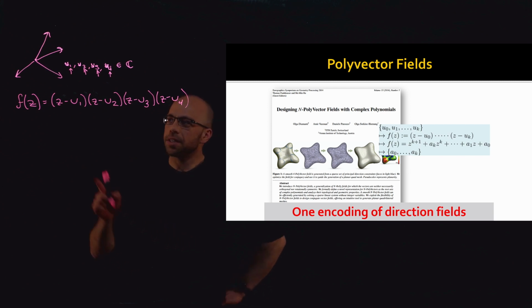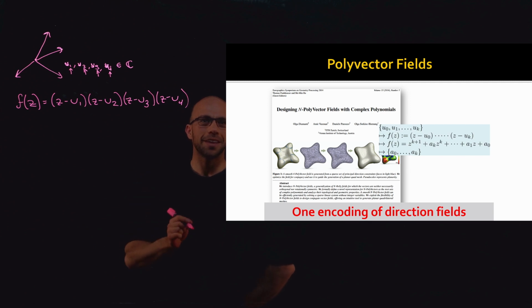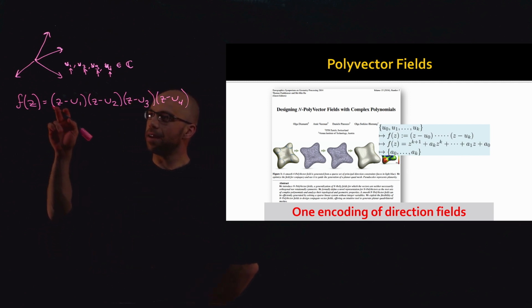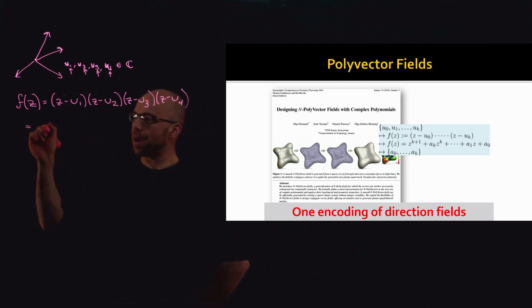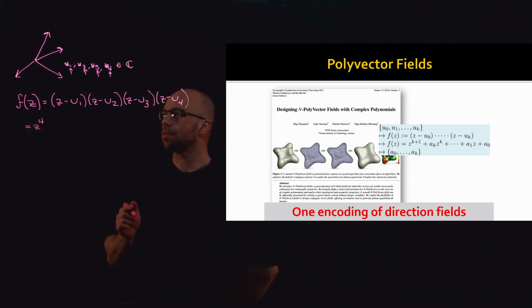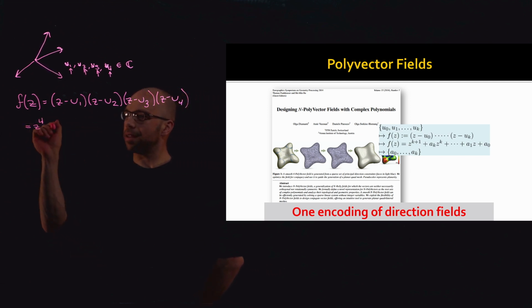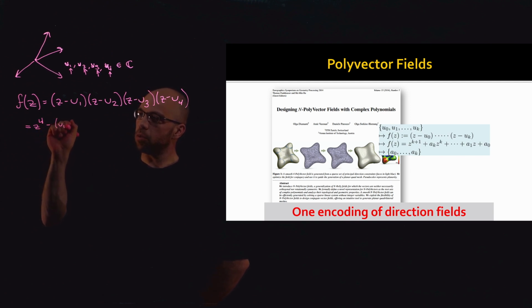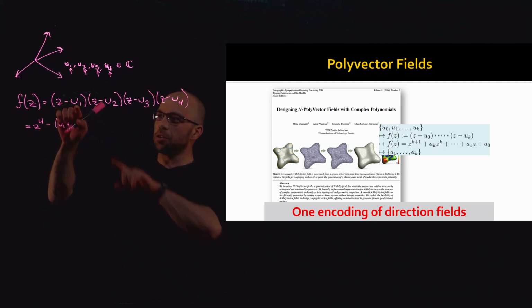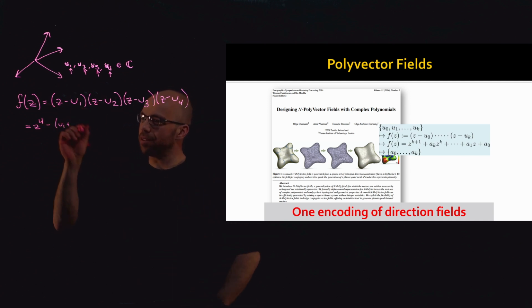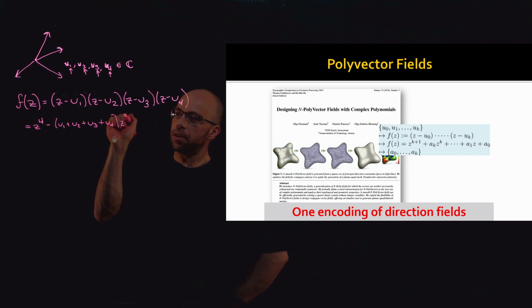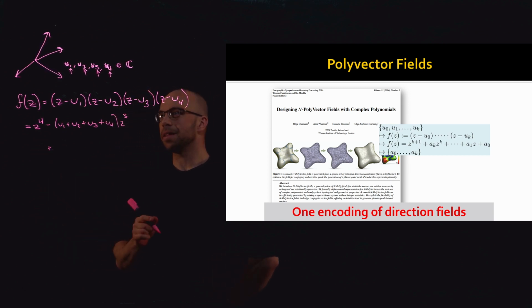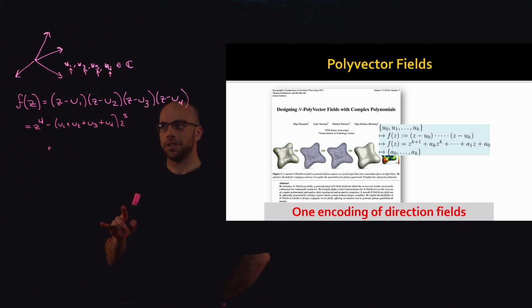And I'm going to think of this as just a function of a generic value z. Now, one thing I can do is take this polynomial, this product of 4 things, and expand it out. And when I do that, I'm going to end up with a giant product. So for example, I'll end up with z to the 4th power, and then the z cubed term is going to be minus u1, since I have minus u1 times z times z times z, minus u2 times, and so on: minus (u1 plus u2 plus u3 plus u4) z cubed, plus what's going to be the coefficient of z squared.